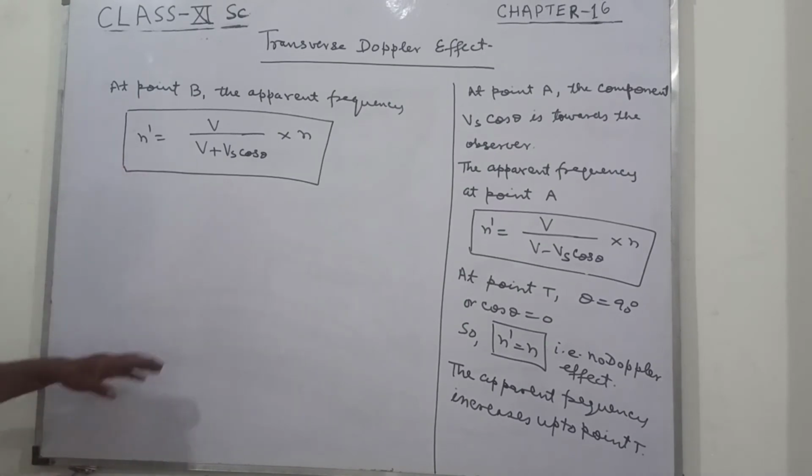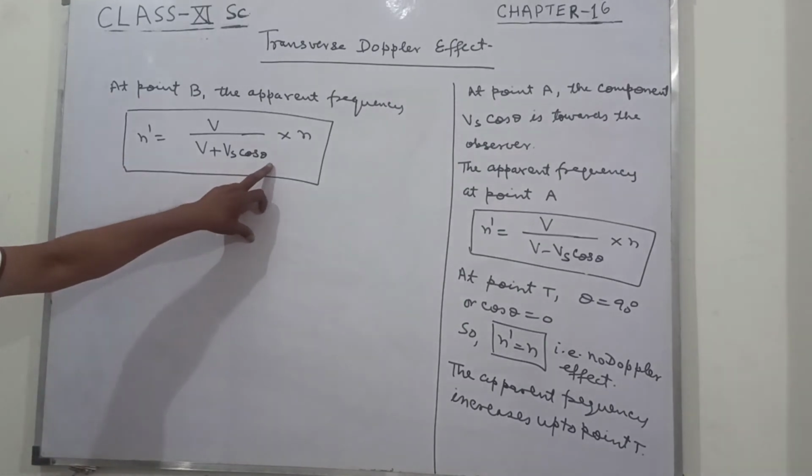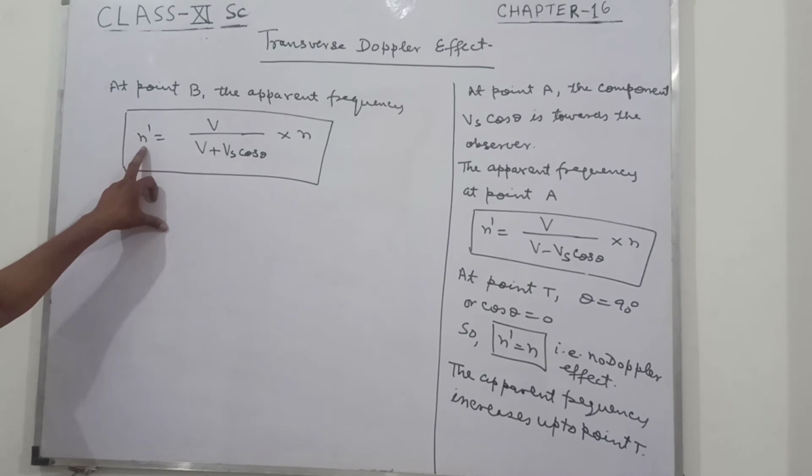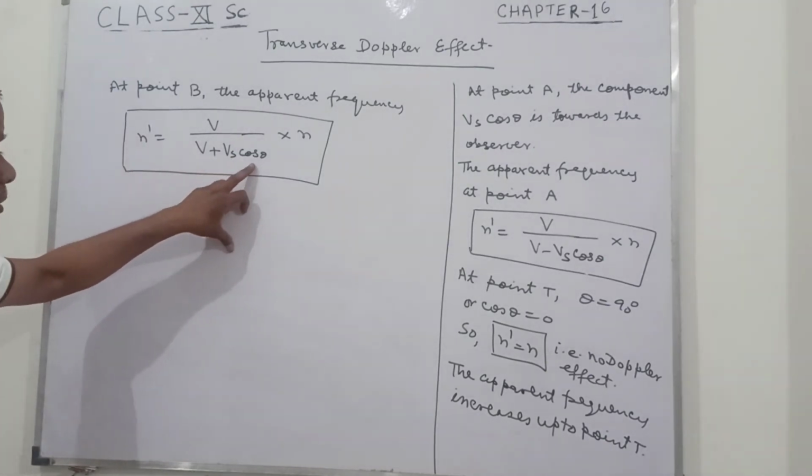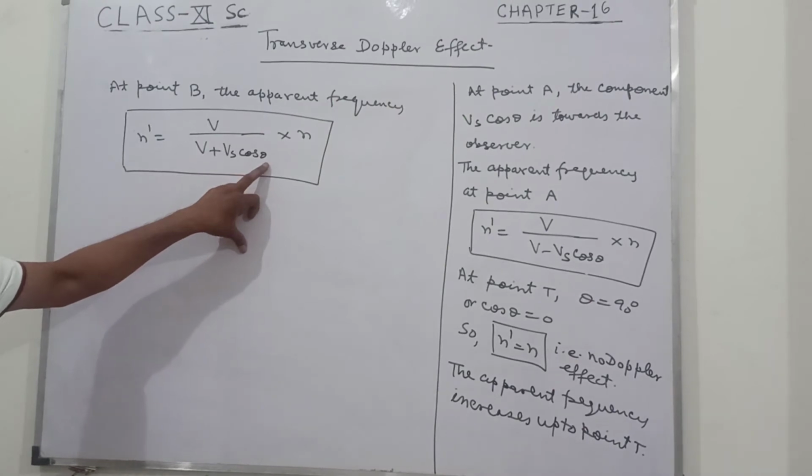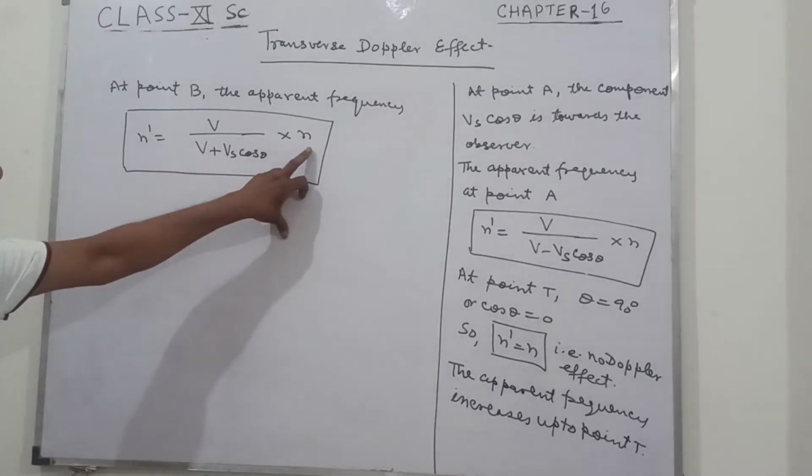And you can see from here that as theta increases, this frequency will decrease. So the sound source is going away from the observer, and n dash will be less than n.